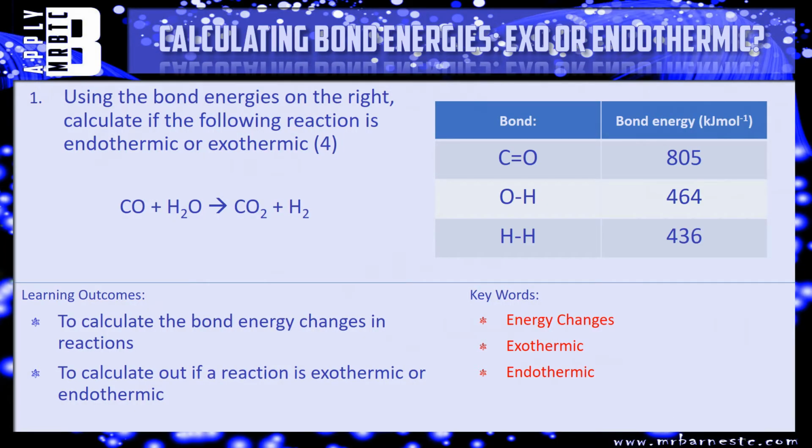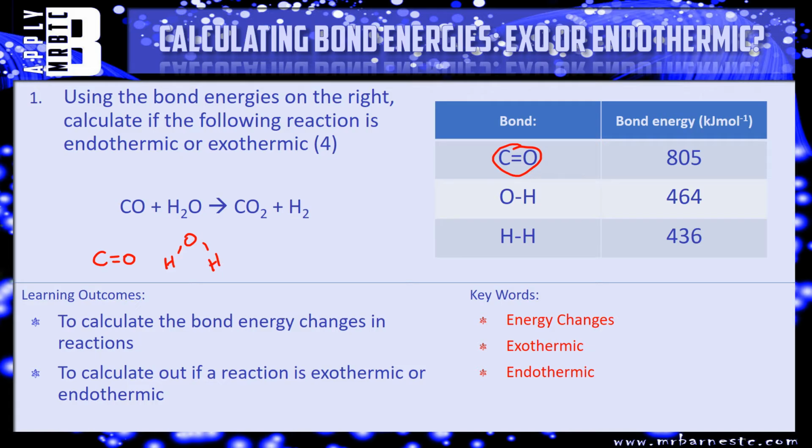Okay, let's see how much you've picked up from the video. I've got one question here saying, use the bond energies on the right, calculate if the following reaction is endothermic or exothermic. So you have CO plus H2O goes to CO2 plus H2. Just remember when you're doing this, if I've got CO, it tells you the type of bond over here. So it's going to be CO, H2O, you know there's two hydrogens, one oxygen, so you're going to have an HO and another OH bond.